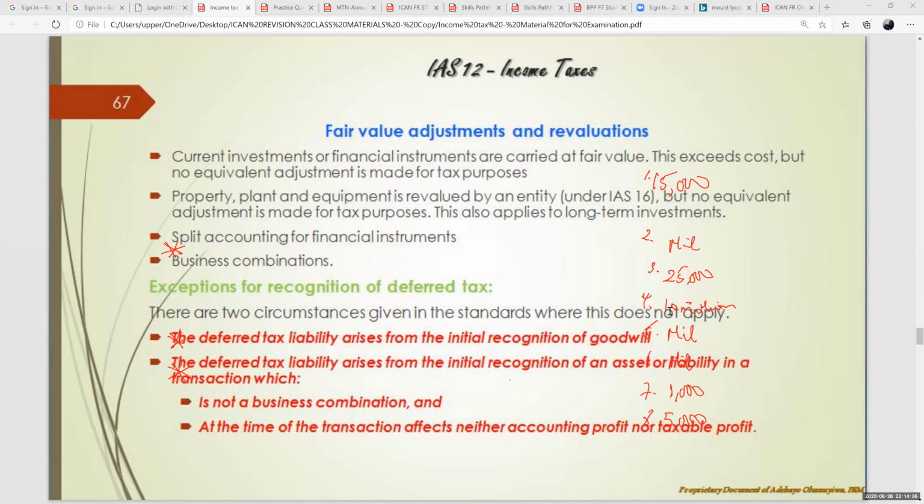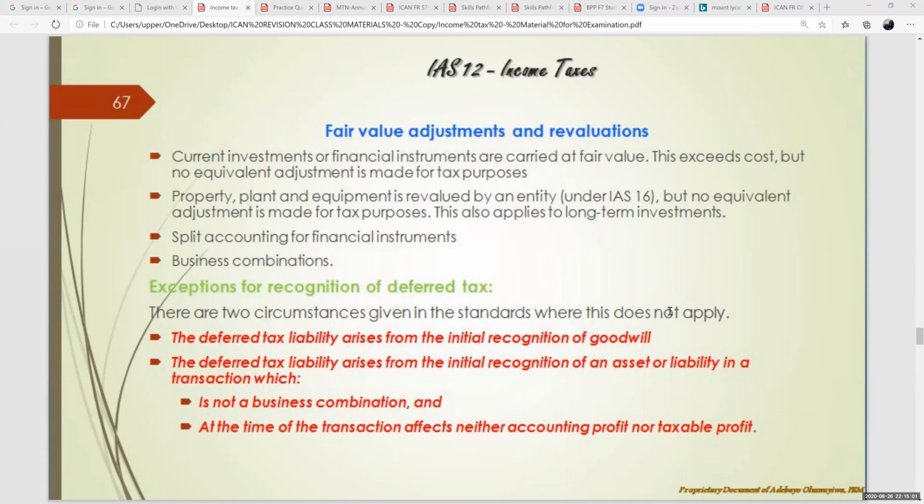There are 2 circumstances in which IAS 12 does not apply, which means you cannot recognize deferred tax assets or liabilities. The first instance is initial recognition of goodwill, where you cannot recognize deferred tax liability.